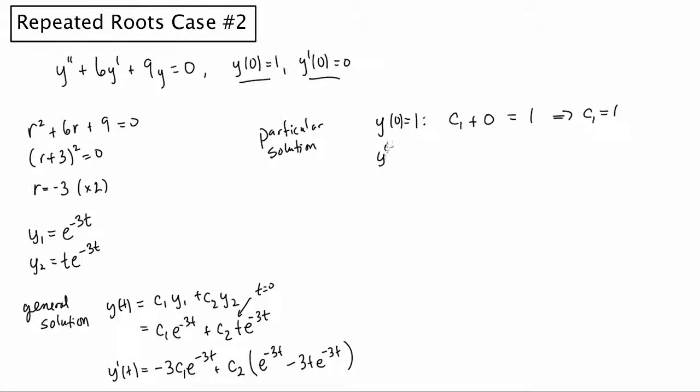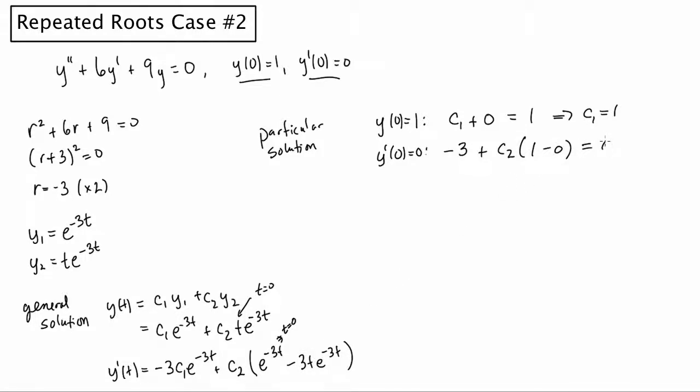And then if we look at y prime of 0 equals 0, well, if c1 is 1, then I'm looking at minus 3 times c1, but c1 is 1, so minus 3 plus c2 times, when t is 0, 1 minus, when t is 0, we're going to get 0 out of that.